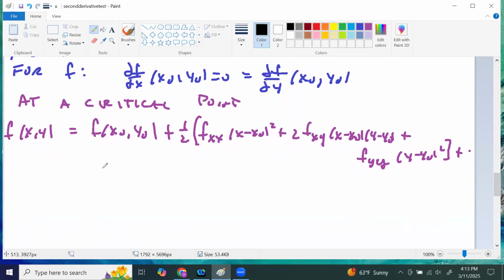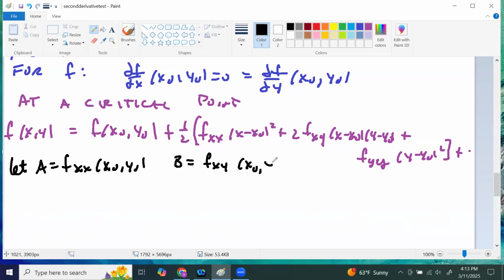And so for ease of computation, I'm going to let A equal f sub xx of x naught, y naught. I'm going to let B equal f sub xy with x naught, y naught in, and C equal f sub yy. Okay.